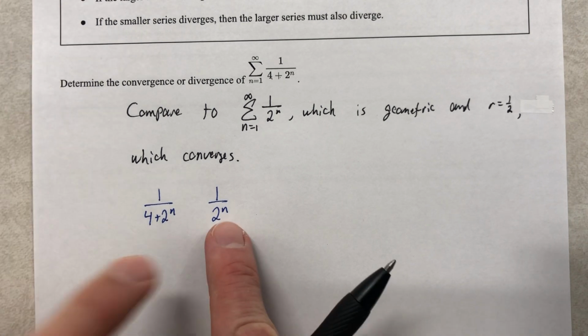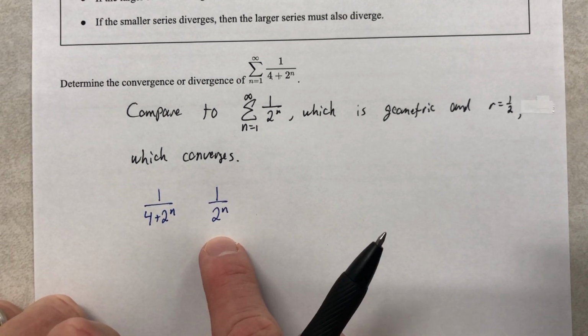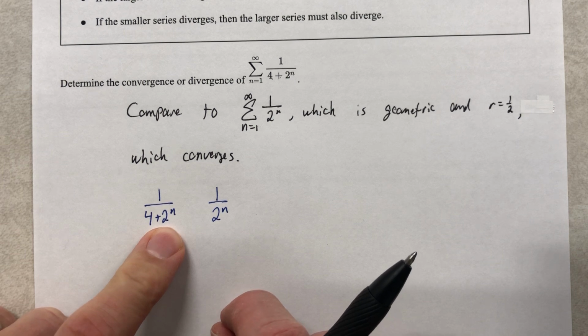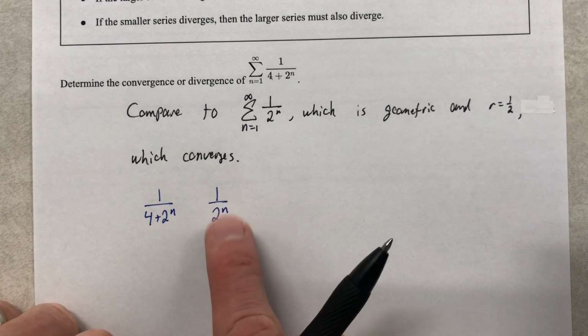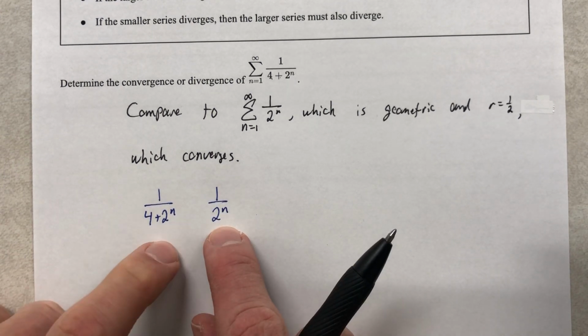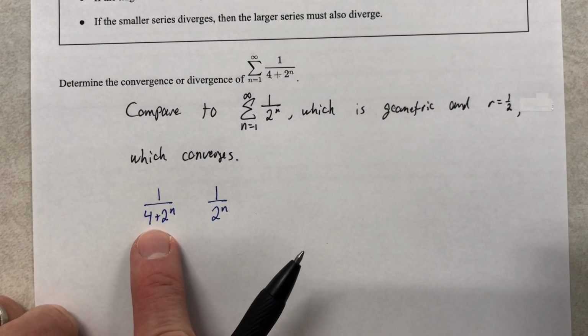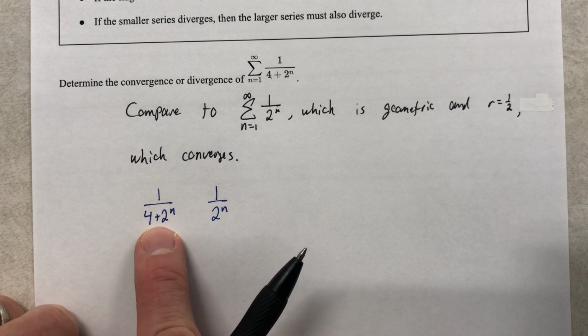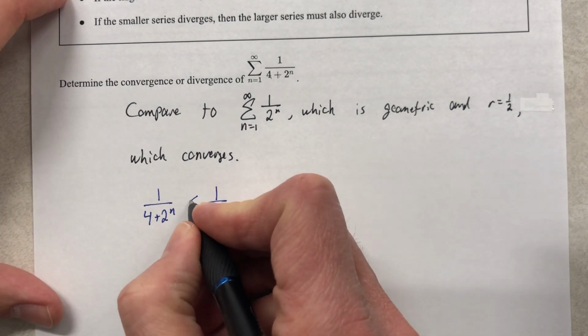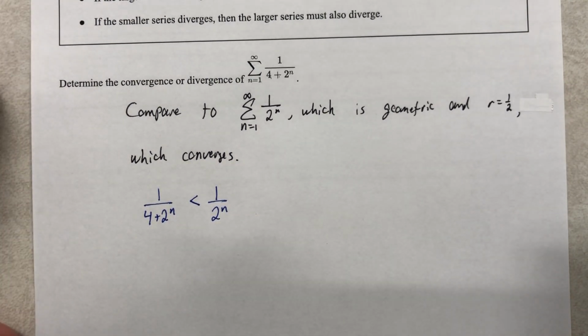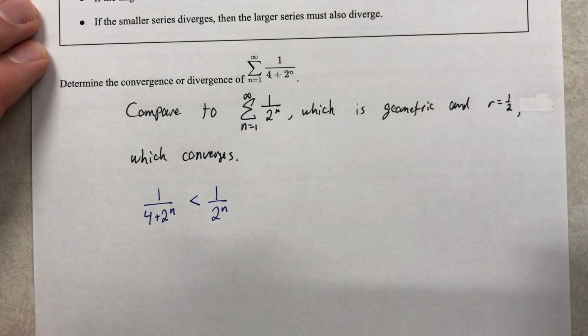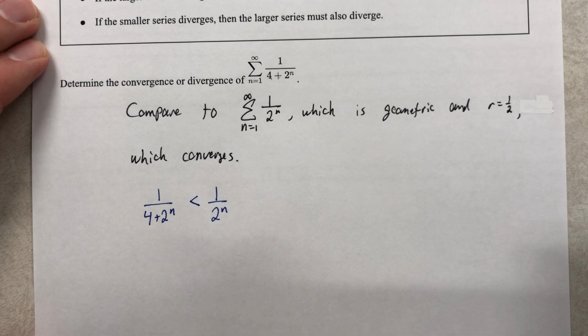Okay, so if I plug in a 1, I'd have 1/2 here. I'd have 1/6 here. That one's bigger. Okay, plug in a 2, plug in a 2. That one's bigger. This denominator is going to be consistently bigger, which means the bigger denominator makes it a smaller fraction. Here's what that means. Here we go.